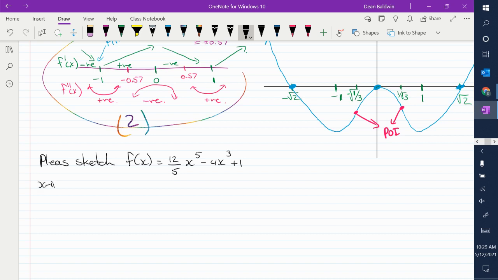The x-intercepts are negative 1.35, 0.71, and 1.19. So I've given you the x-intercepts. That's going to require you to factor a 5th degree polynomial, which I'm making the assumption most people don't know how to do.